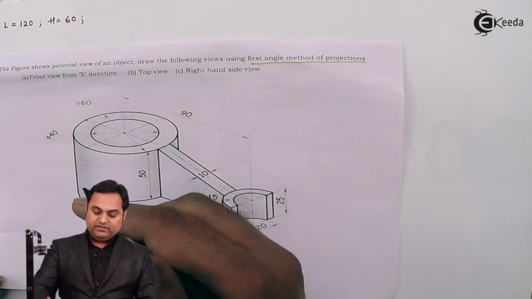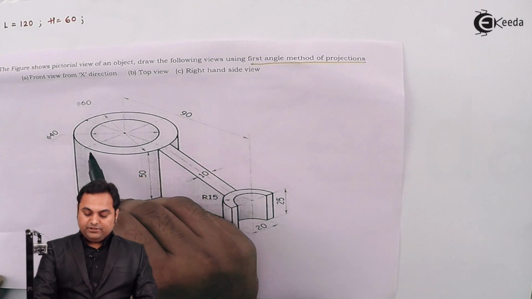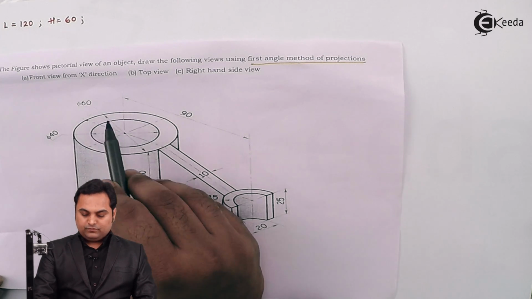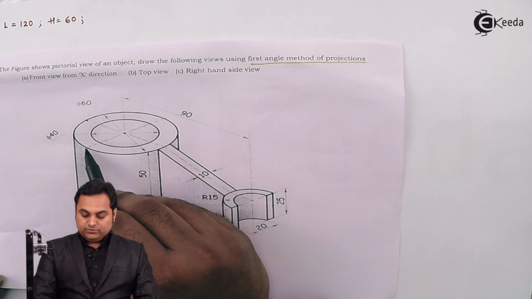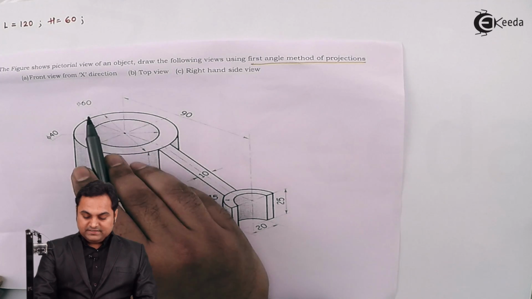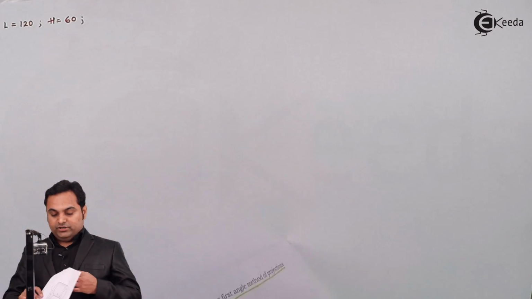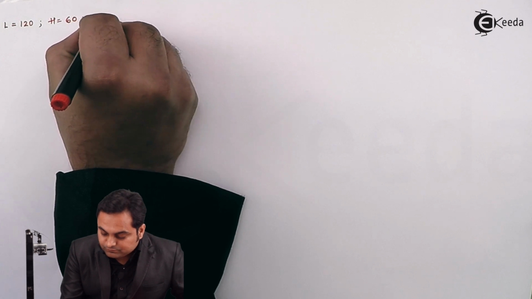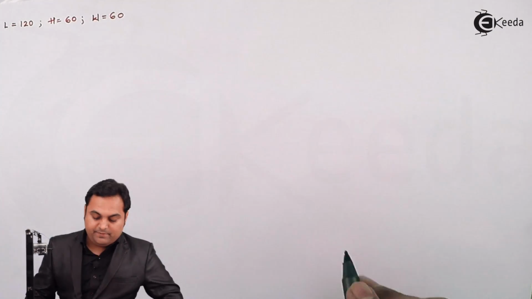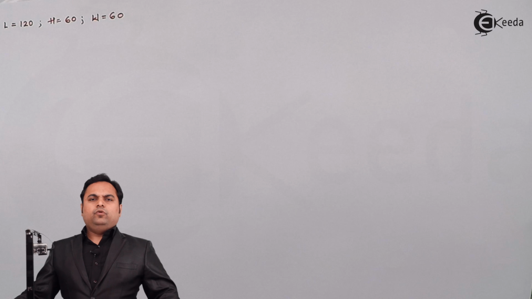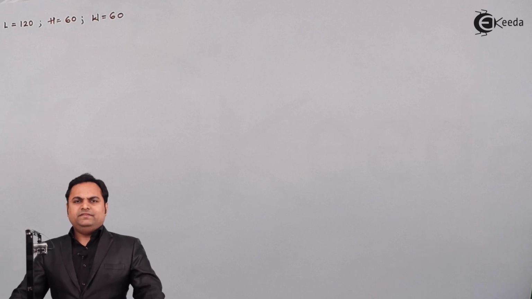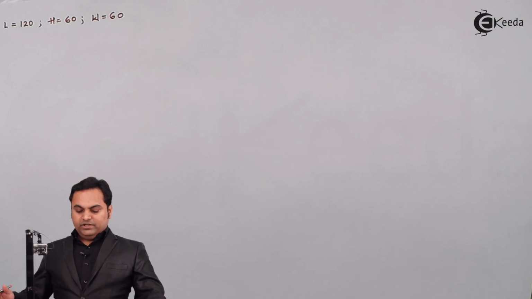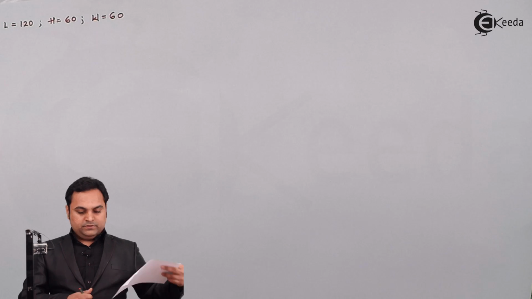The maximum width is nothing but the diameter of this outer cylinder or outer circle, that is 60 as given in the question. So the total width will be 60 mm. Once we have noted down the total length, height and width, we can start with the problem.